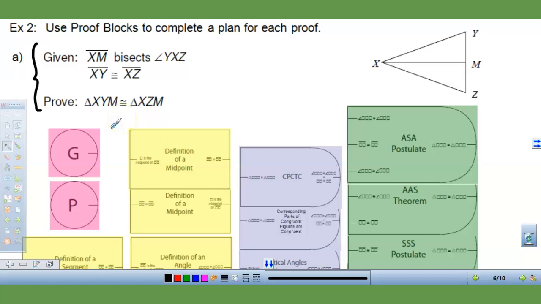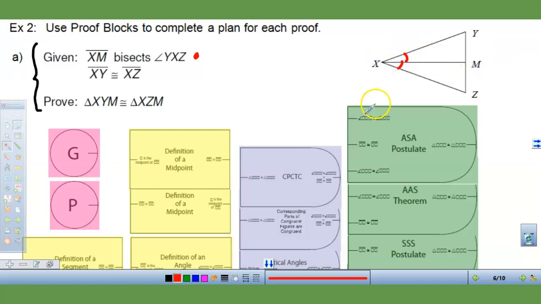Okay? Now, let's go through how we were doing these before. If we're trying to say that these two triangles here are congruent, what did we do in the past? We usually took the information. Sometimes it's already marked up for you. These are not marked up. But we take the information like XM bisects angle YXZ. Then we say, if this is bisecting this angle right here, that means these two angles are congruent.